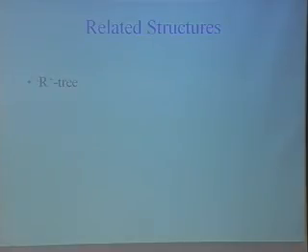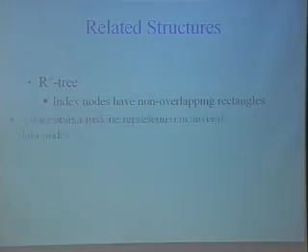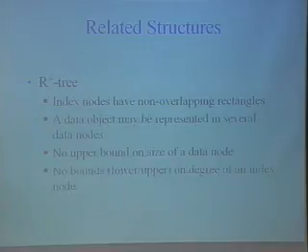There's an R plus tree. What this one does is it doesn't allow overlapping MBRs. If you don't allow overlapping MBRs, you have to accept cutting objects into pieces, so some object may fall into two or more MBRs.